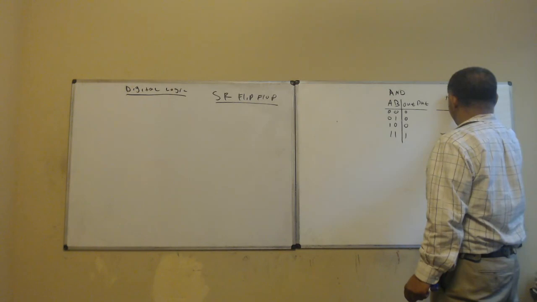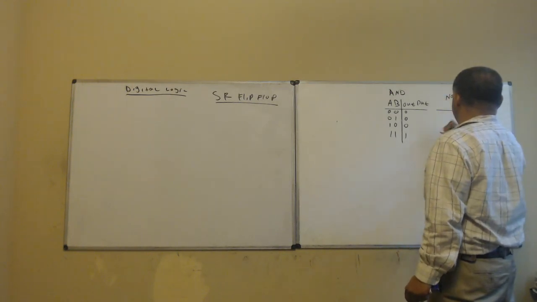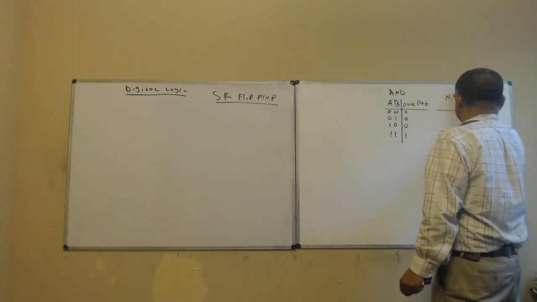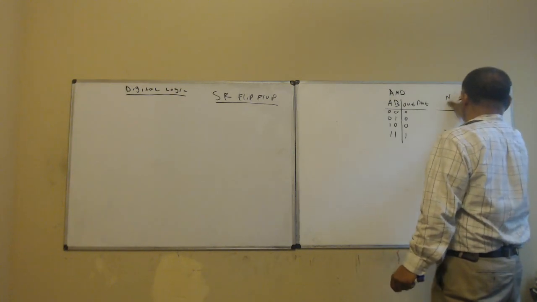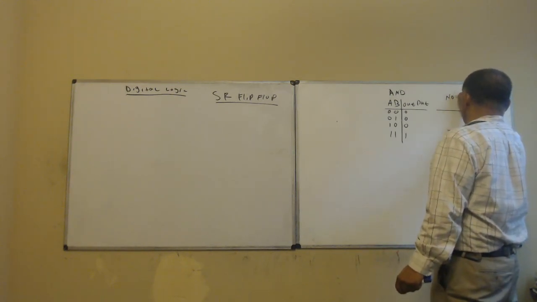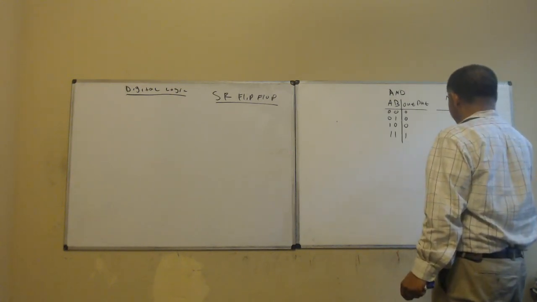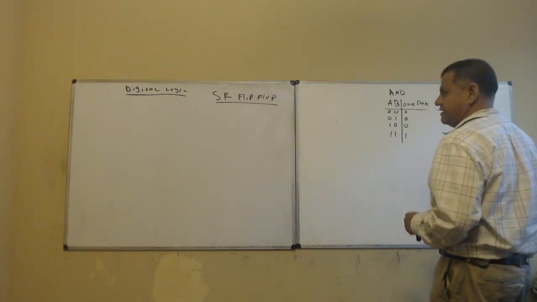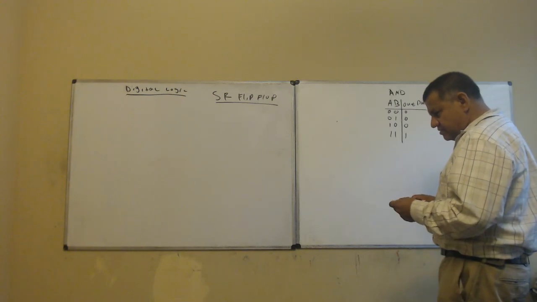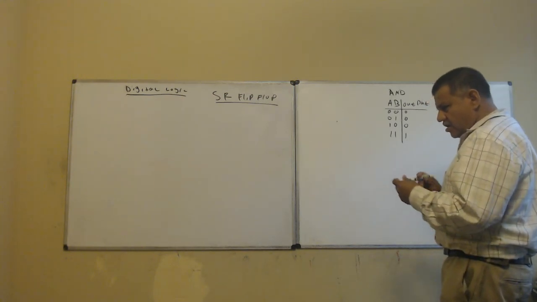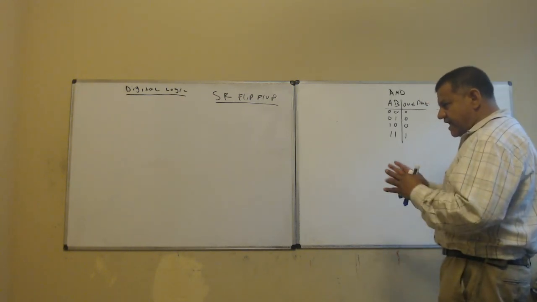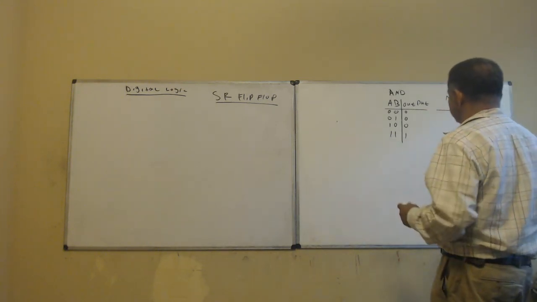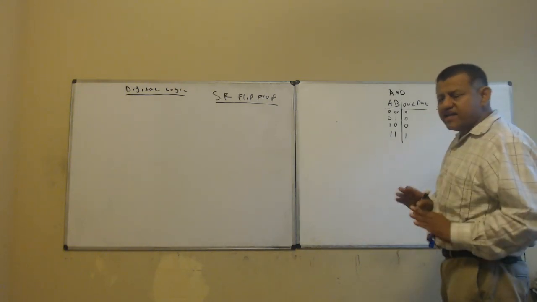Okay, so now, based on that, let's do what is called a NOR gate. NOR, which means not or. If I am saying not A or B, it is not an OR gate.